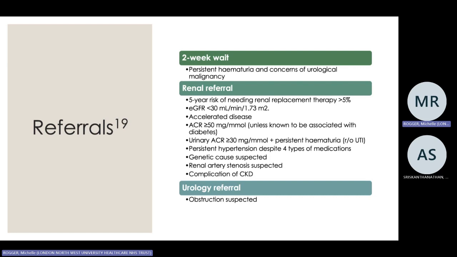Patients who've got persistent hypertension despite 4 types of antihypertensives, if you're worried about a genetic cause of their CKD, renal artery stenosis is one of your top differentials, and if they've got any of the complications of CKD. And then you'd refer to urology rather than renal if you think obstruction might be the cause of their CKD.